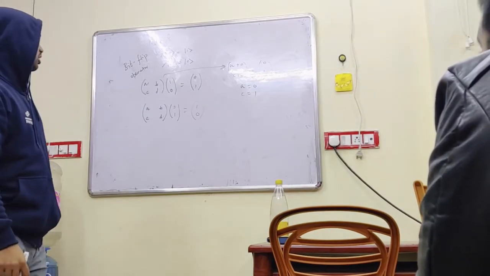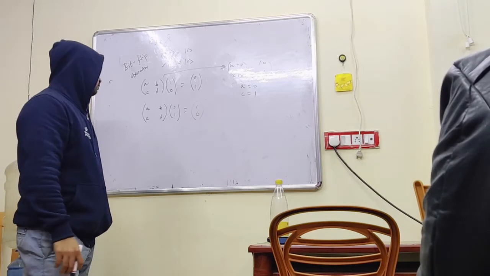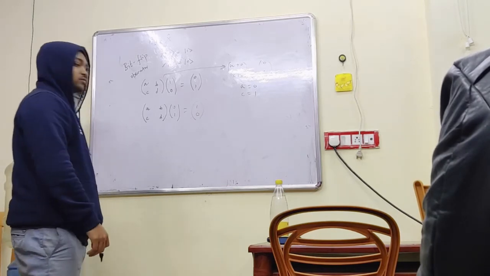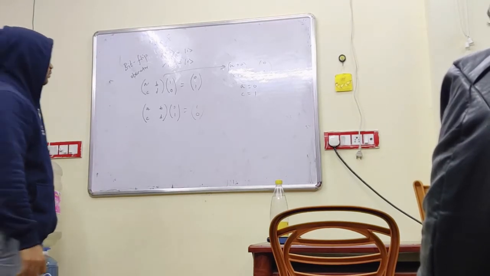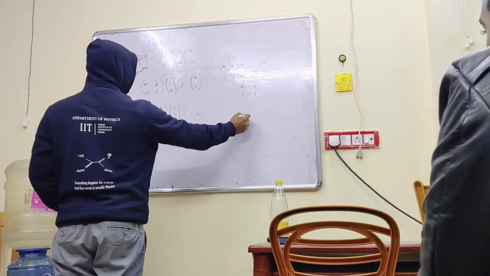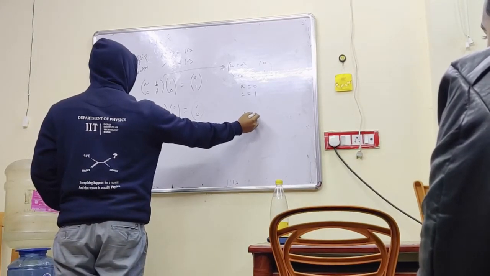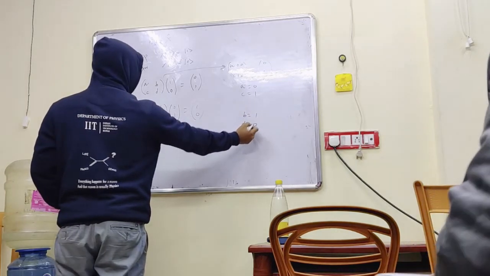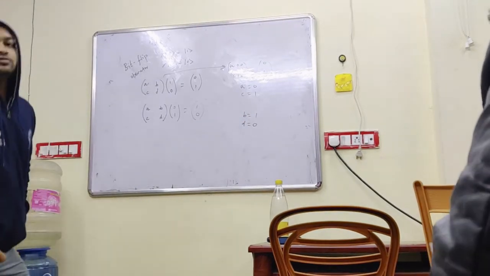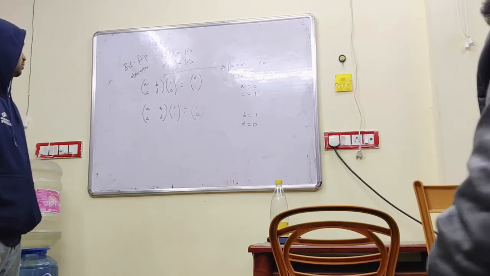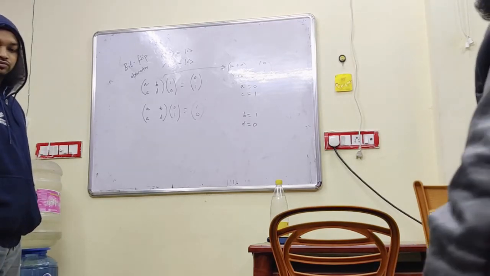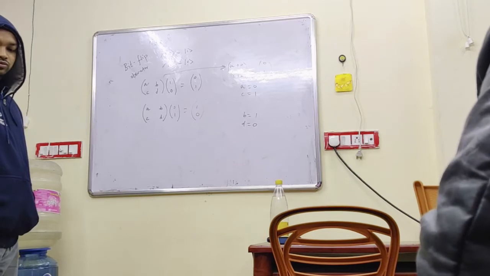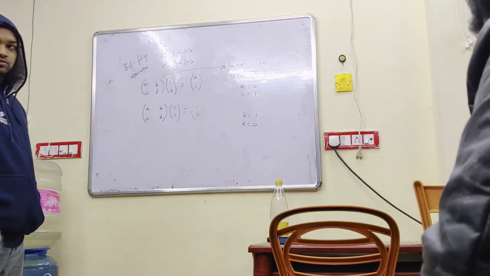Similarly, find out B and D. They will have 1 and 0. B would be how much? 1. And D would be 0. Clear, right?